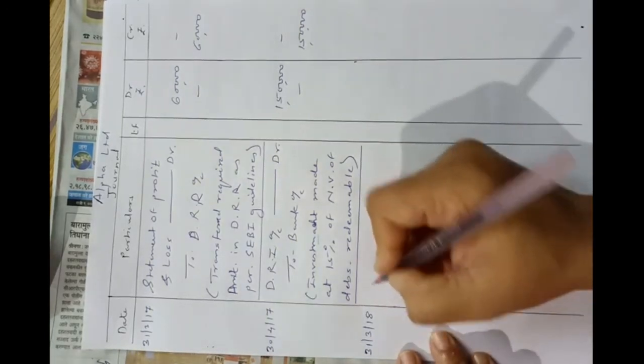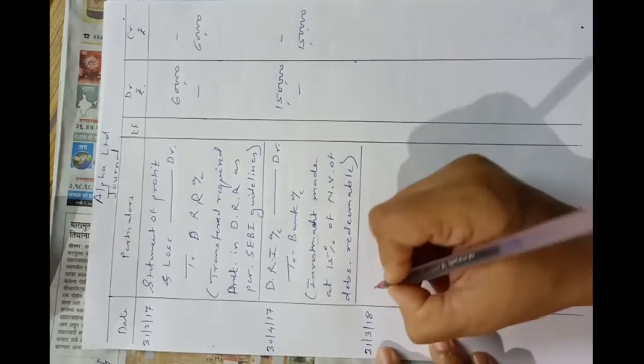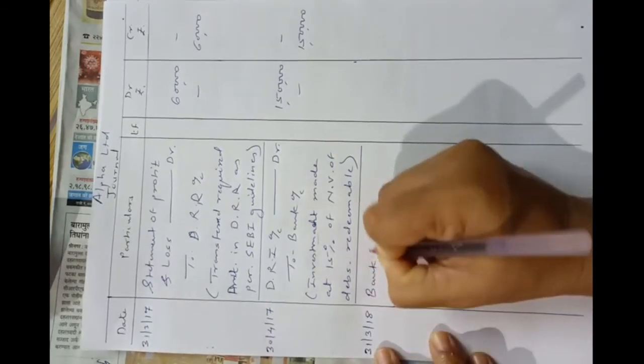Now in this journal entry there should be a separate account for profit on sale of investment, and as it is profit, this account will be credited. So entry of encashment of investment: bank account debit. See, as per our working note, they are getting 1,55,220 rupees.